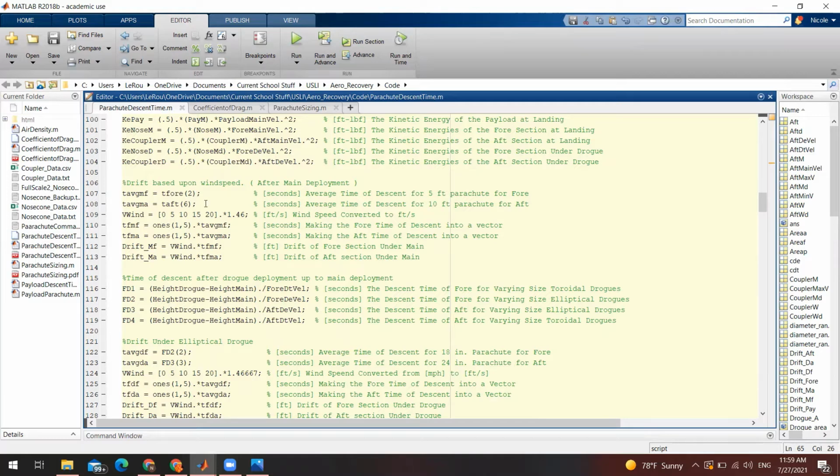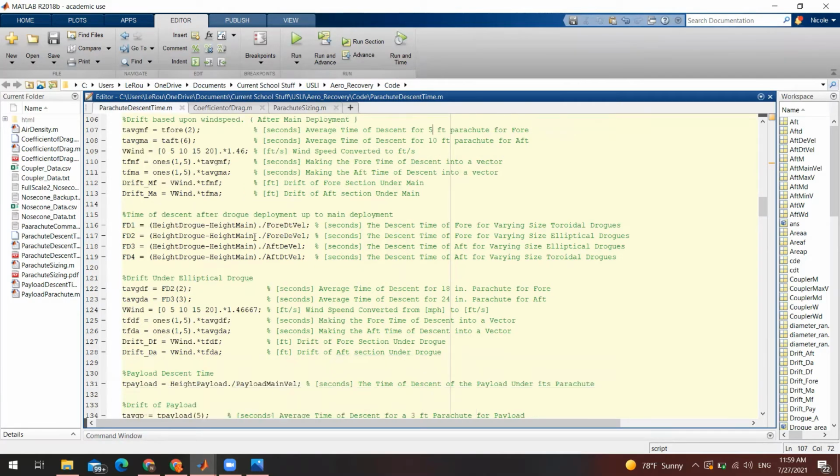And then this just calculates the descent time, the average time of descent for, I guess, a 5-foot parachute. Then we take the wind speeds and convert them to feet per second, and put them into a vector that we need, and then calculate the drift from that vector by multiplying it by the wind speed.